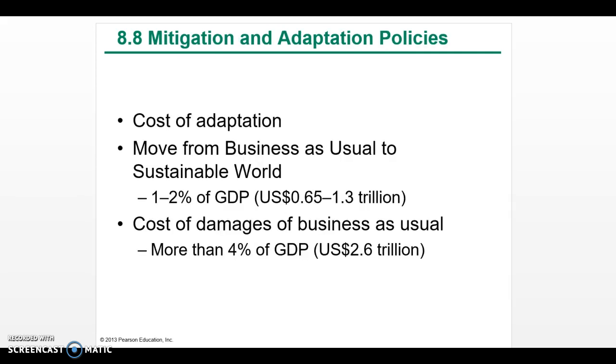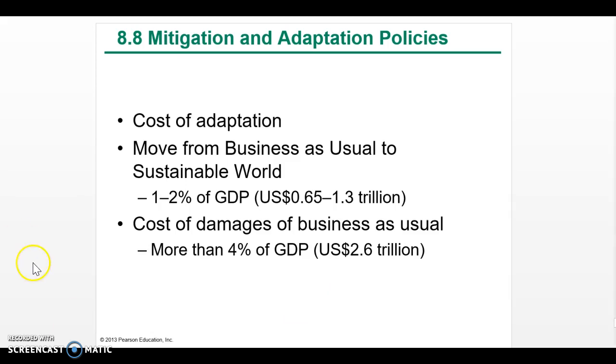So lots going on. If we stay as is, it's going to cost us 4% of the GDP, which is about $2.6 trillion. It's actually going to cost us money, because remember, we have to put in all those adaptive ideas. This is a big problem if we decide to do that.